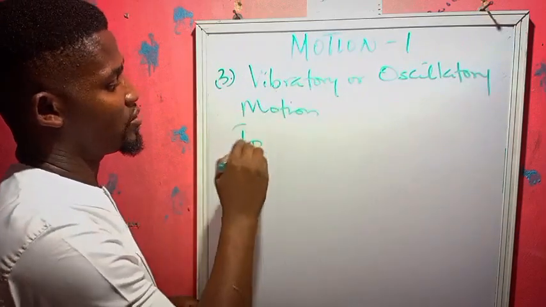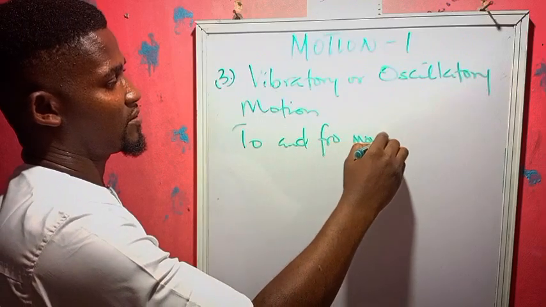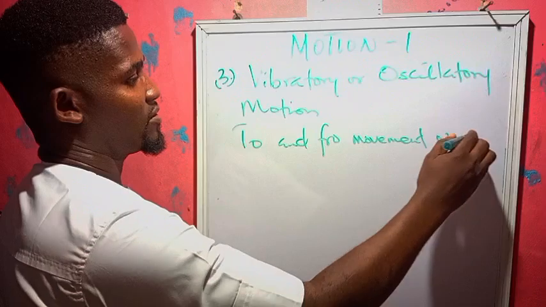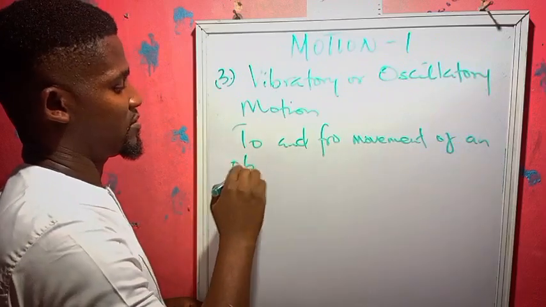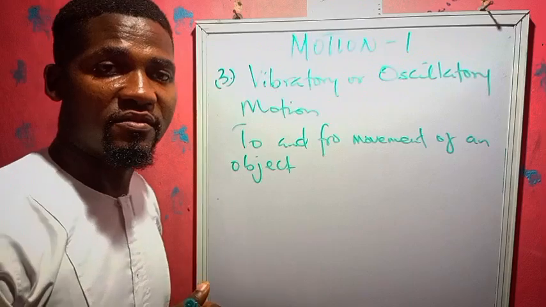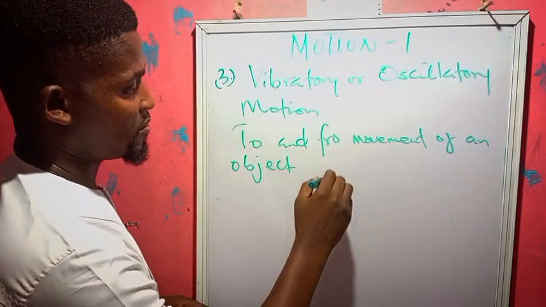This is the to and fro movement of an object, like the strings of a guitar or a pendulum bob.